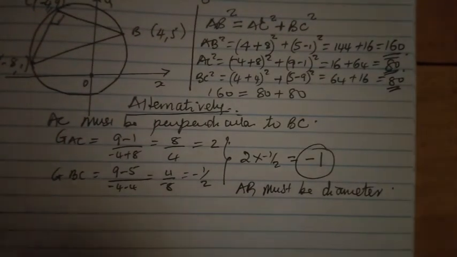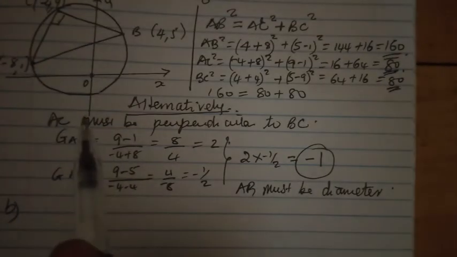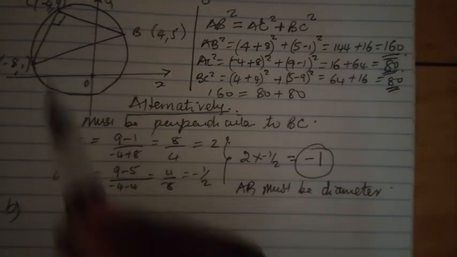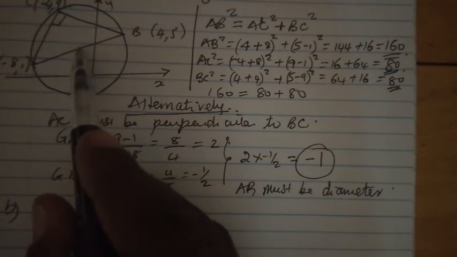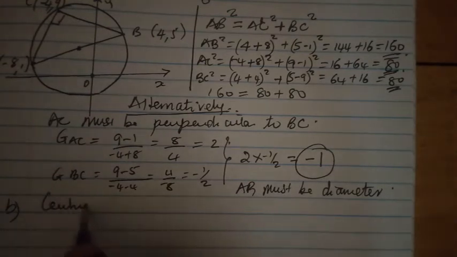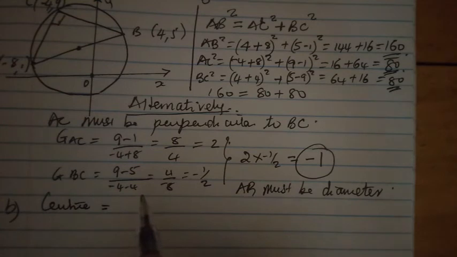But let us go to part B of the question: find an equation of the circle. There is no way we can find the equation of the circle without the coordinates of the center, and the center is the midpoint of the diameter.